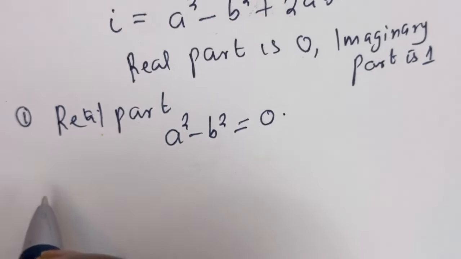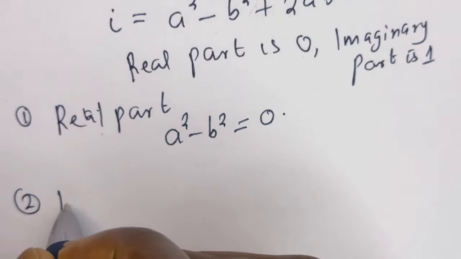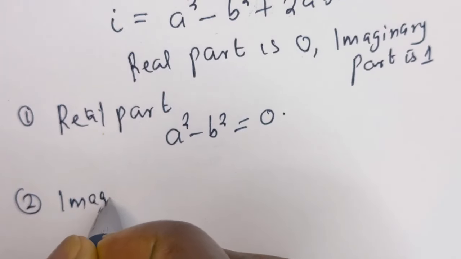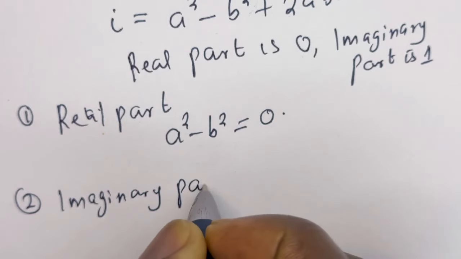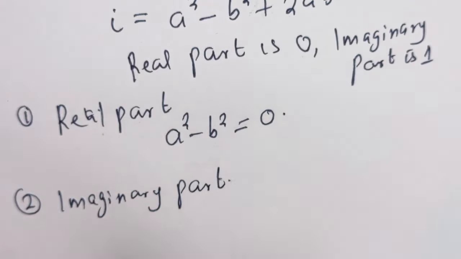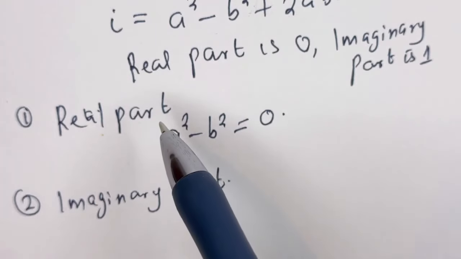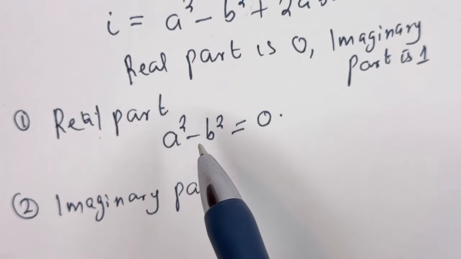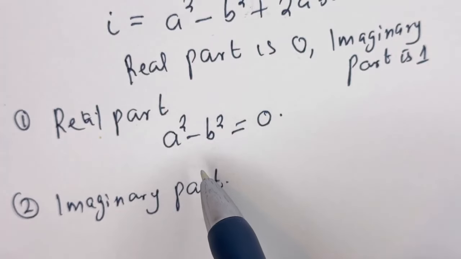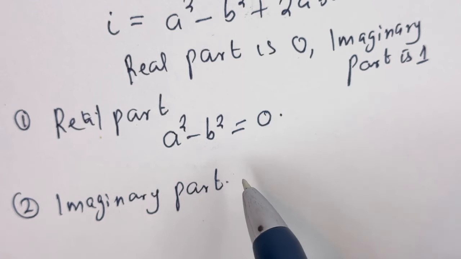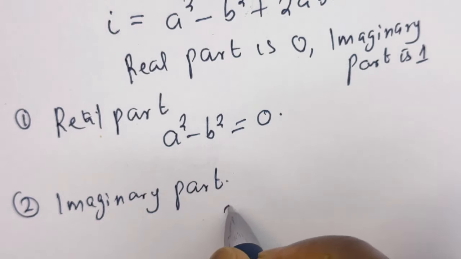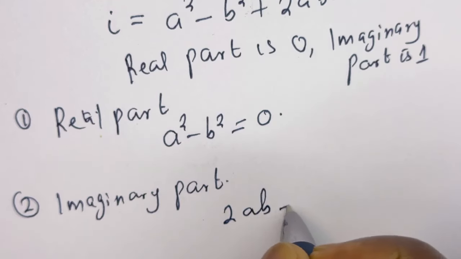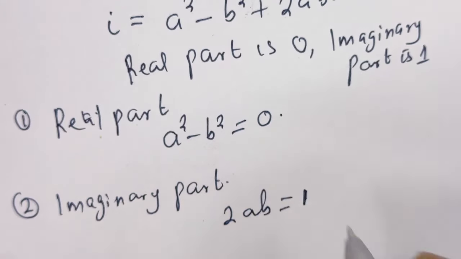Also, for the imaginary part, on the left hand side, the imaginary part is 1, and on the right hand side, the imaginary part is 2ab. So therefore, we have 2ab is equal to 1.